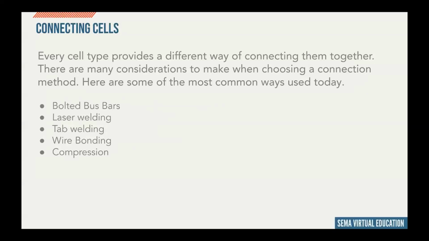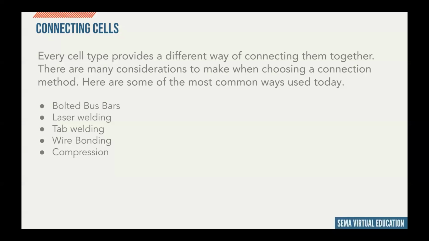So connecting the cells is something that takes a lot of development and testing, but these are the most popular ways to do it. One, like I mentioned, with prismatic, bolted bus bars make for a very simple and easy way to connect prismatic cells together.